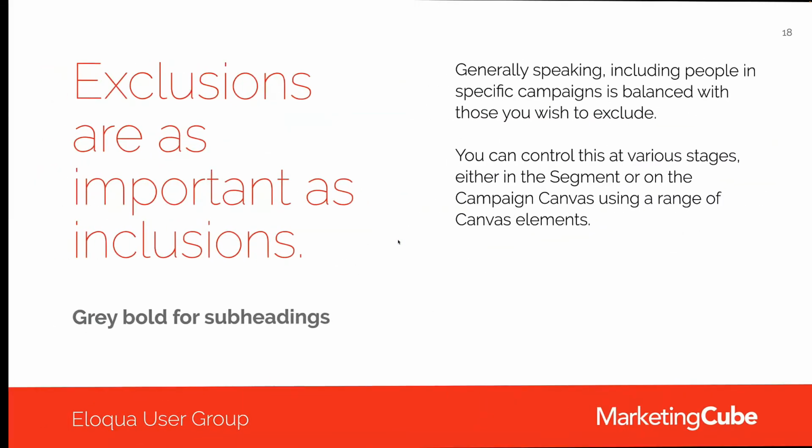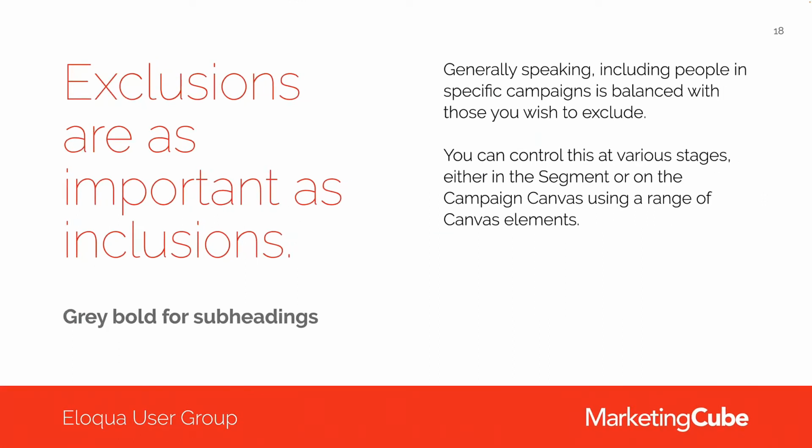Okay, exclusions are as important as inclusions. So when you create a segment, if a segment is the entry point, I've got one here to show you shortly, but the exclusions are just as important because you still want to get good campaign results. You want to make sure the campaign reporting is clear in relation to people you can actually talk to.